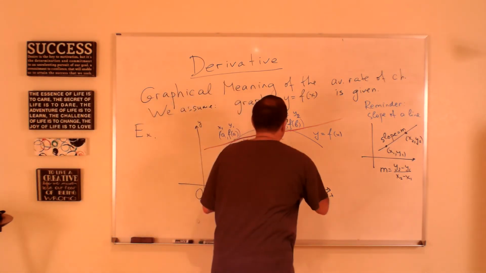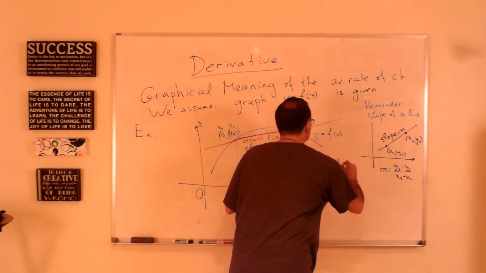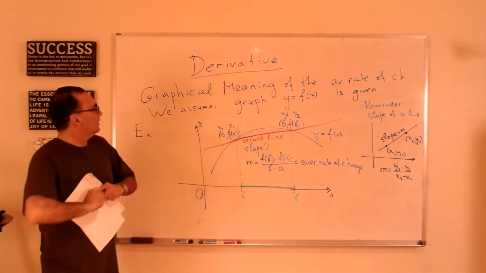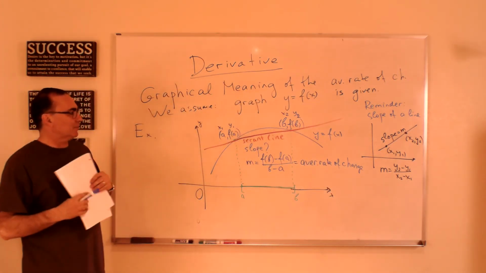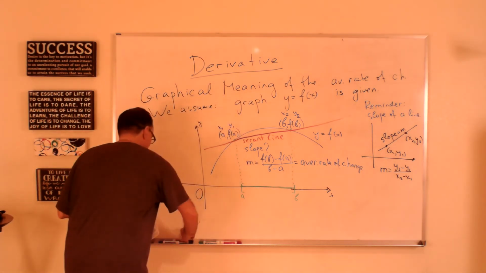So this is the same as the average rate of change. So here is the graphical meaning of the average rate of change: the average rate of change equals the slope of the secant line.